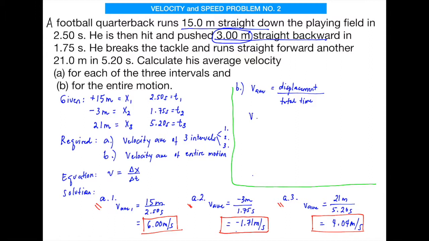So how do we compute for this? Simply we have 15 meter, plus, or since that's negative, plus negative 3 meter, plus 21.0 meter divided by my total time, which is 2.50 seconds plus 1.75 seconds plus 5.20 seconds.